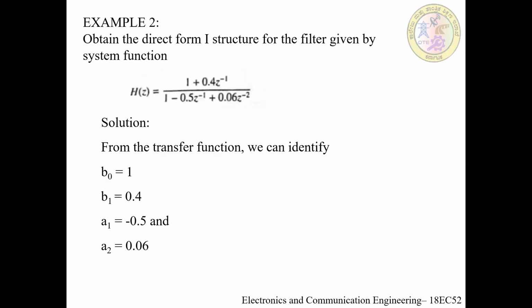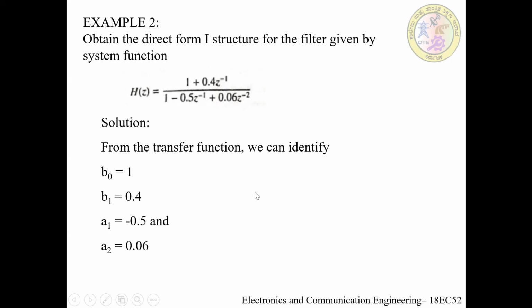Now, let us consider one more example. Here, they have asked us to obtain the direct form 1 structure for the filter given by the system function. The system function they have given is H of z is equal to 1 plus 0.4 z inverse divided by 1 minus 0.5 z power minus 1 plus 0.06 z power minus 2.